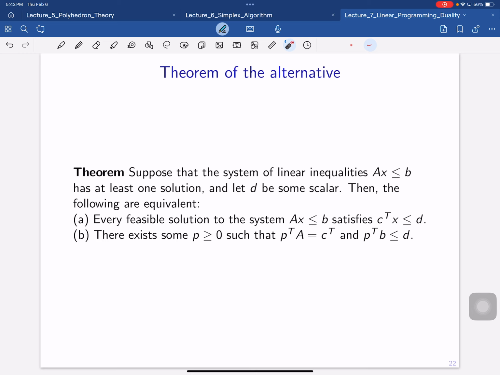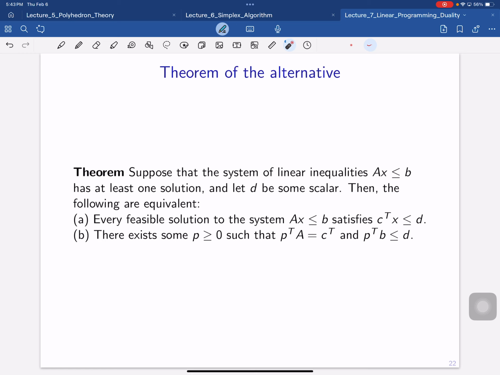Without going into the details, you can recognize condition A is like a primal statement: whenever you have x that satisfies this inequality, it satisfies this single inequality here. The second condition is like a dual statement: you can find some multiplier that certifies this inequality is true.